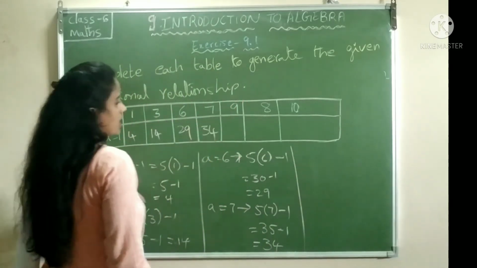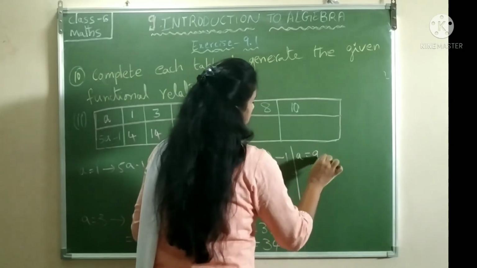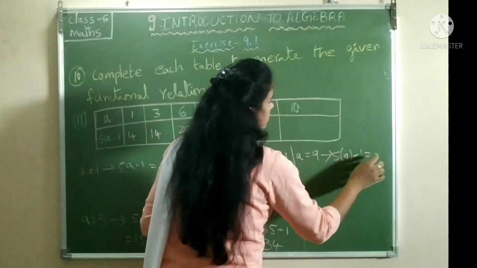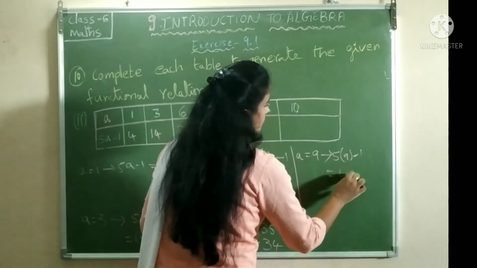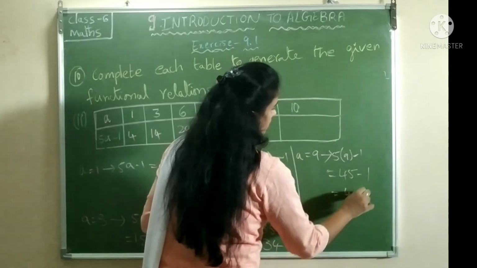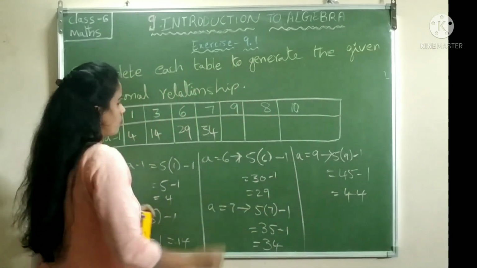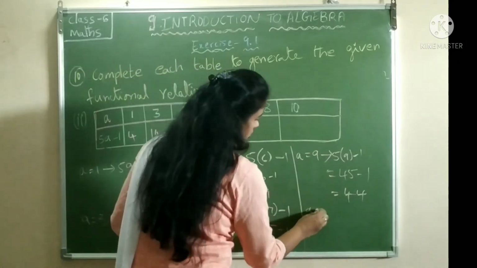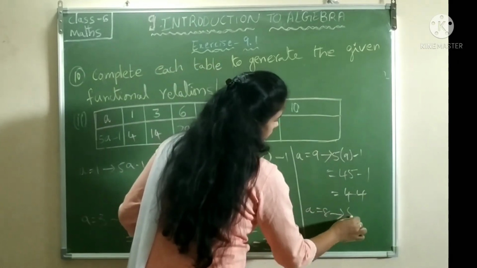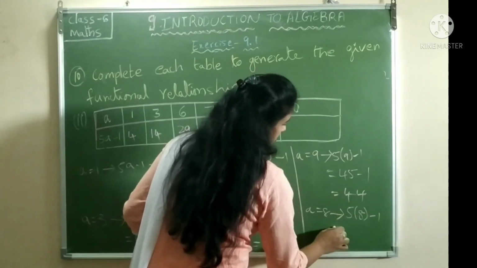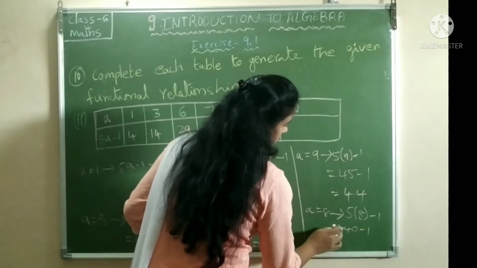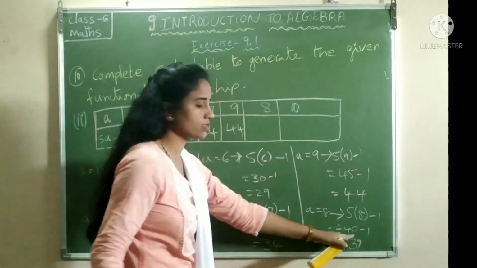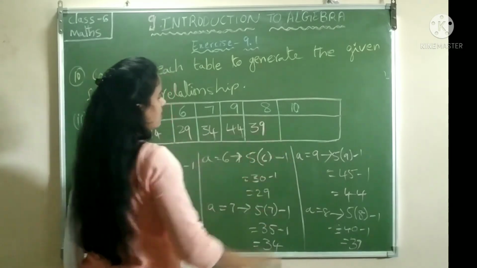If a is equal to 9, then 5 into 9 minus 1: 5 nines are 45, minus 1 is equal to 44. Suppose a is equal to 8, then 5 into 8 minus 1: 5 eights are 40, minus 1 is equal to 39.